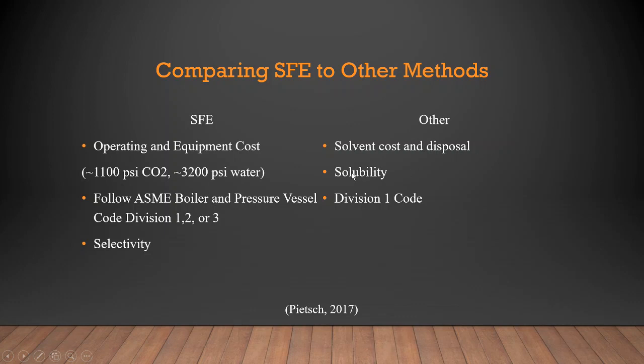And then the solubility of these solvents make a general matrix where they don't necessarily become very selective. You have more of the other components, but it's generally cheaper in that regard as well. And then these usually follow Division 1 coding, which is a little less stringent and more general type of regulation.